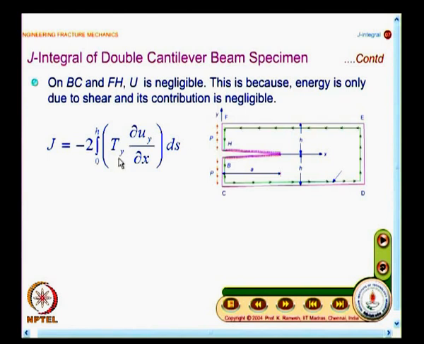So, even this traction term reduces to only T y ∂u y by ∂x, and you do this for two parts of the cantilever. So, you have 2 times that. So, you have this as minus 2 times the integral 0 to h of T y ∂u y by ∂x into ds.